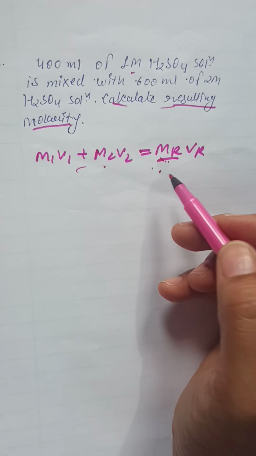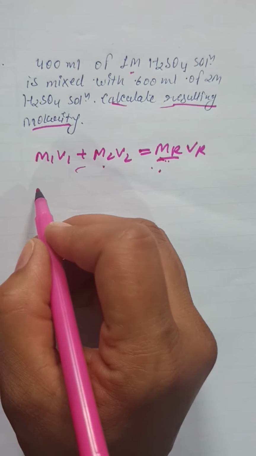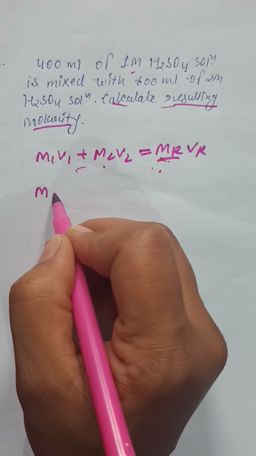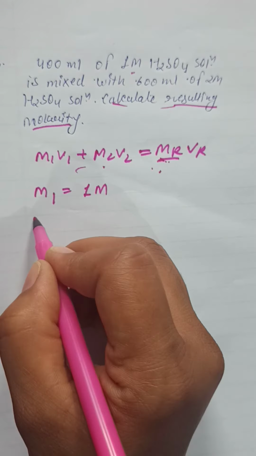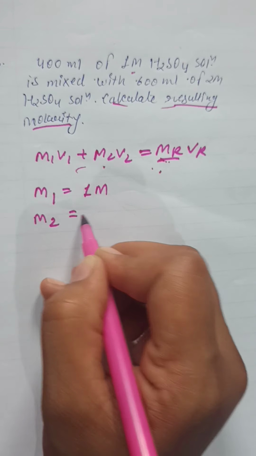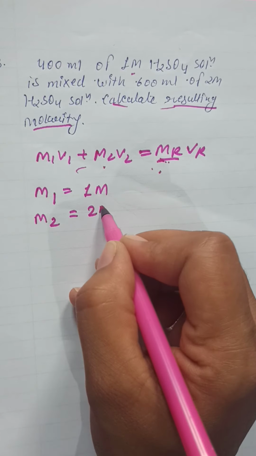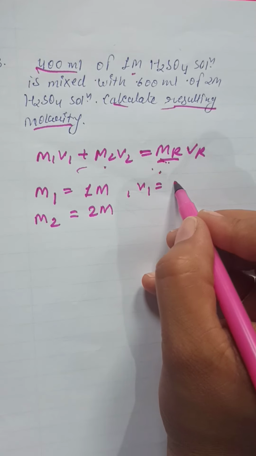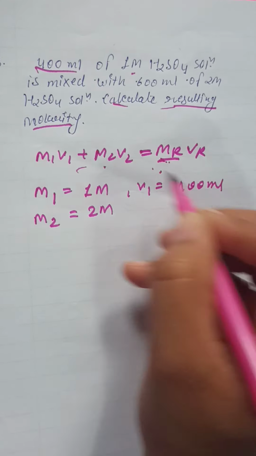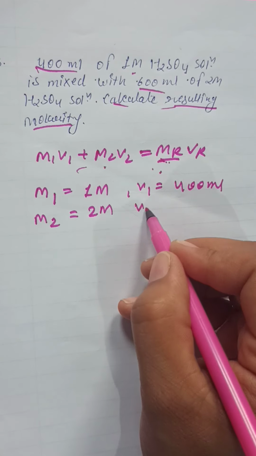Let's see how we can solve it. In the question, M1 is 1 M, M2 is 2 M, V1 is 400 ml and V2 is 600 ml.